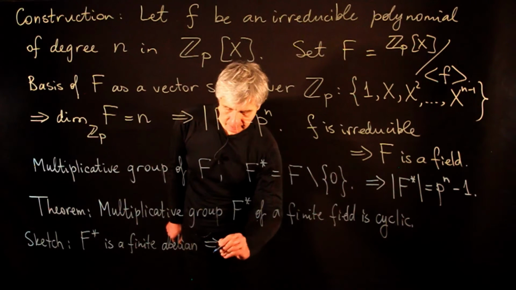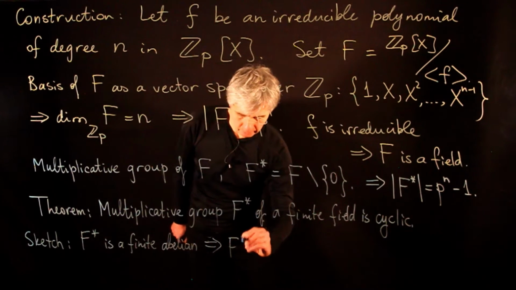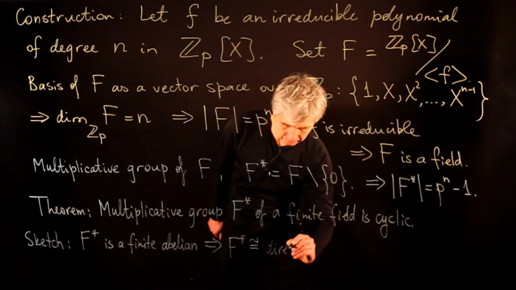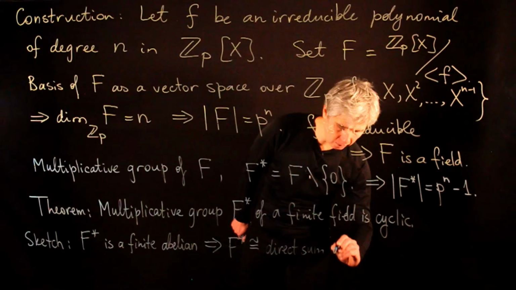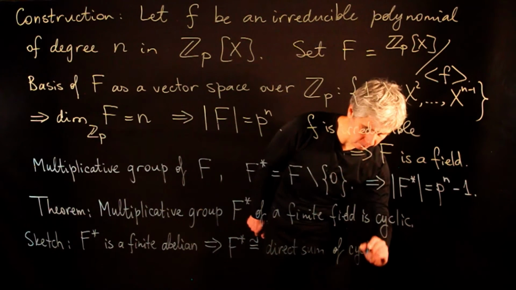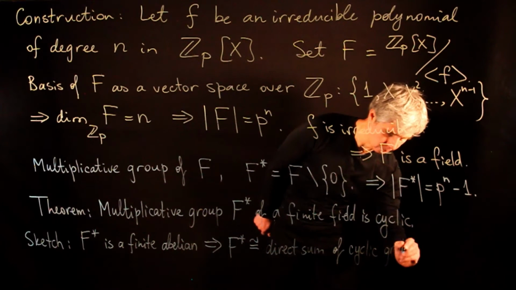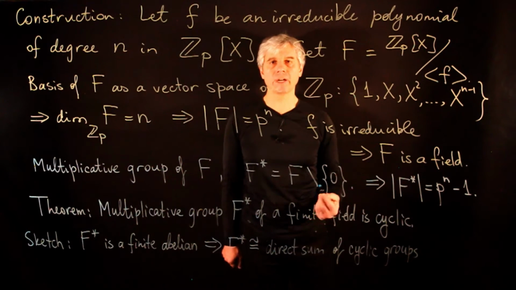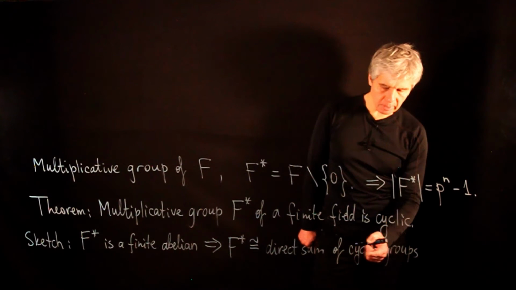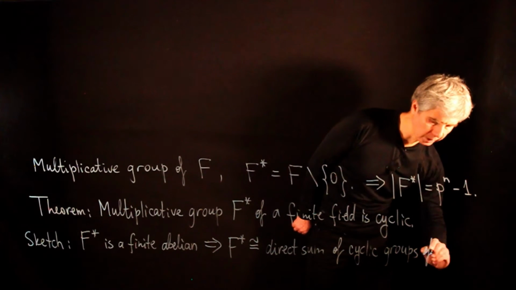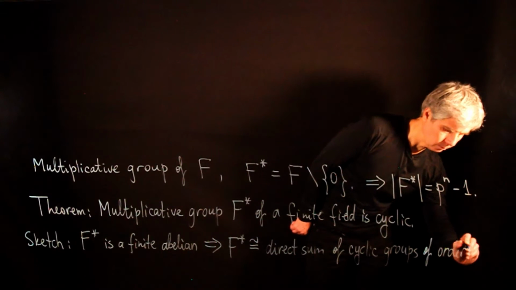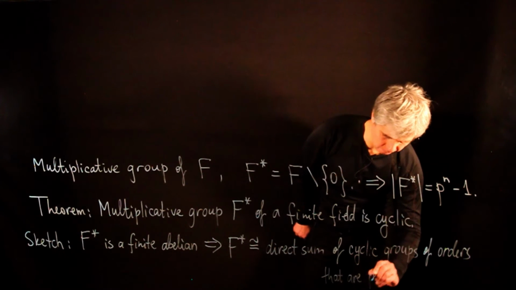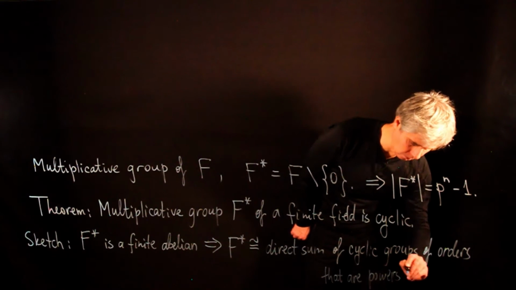And this tells us that this group is isomorphic to a direct sum of cyclic groups, by the fundamental theorem about the structure of finite abelian groups. And these primary cyclic components will have orders that are powers of primes.